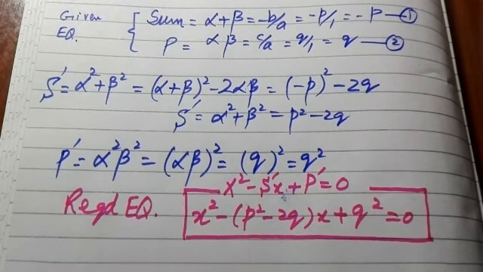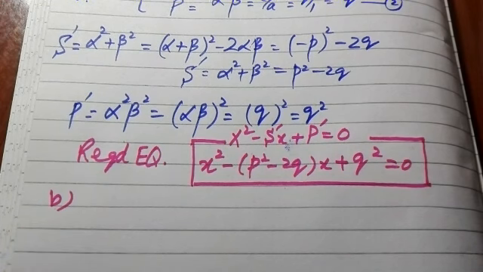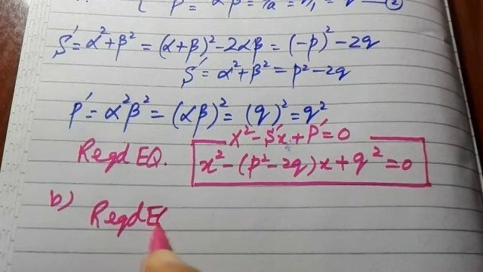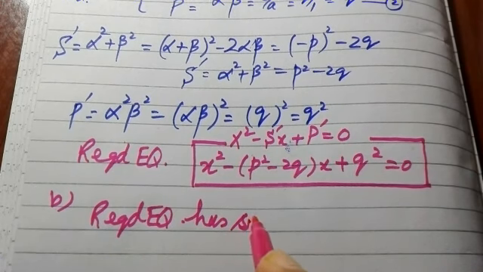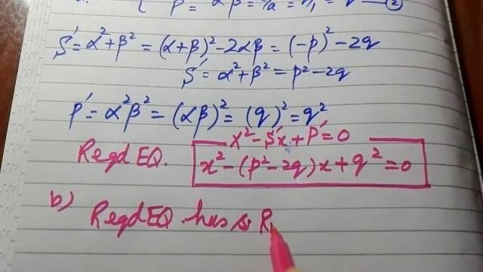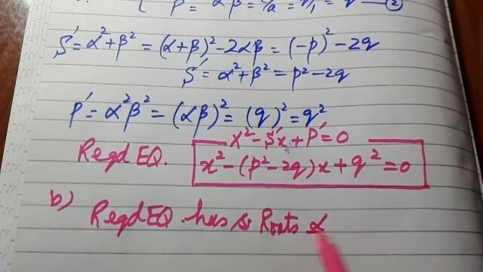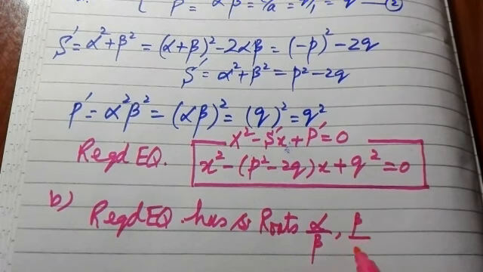Similarly, we will use the same alpha plus beta and alpha beta for part number B as well. So according to part number B, the required equation has roots alpha over beta, comma beta over alpha.